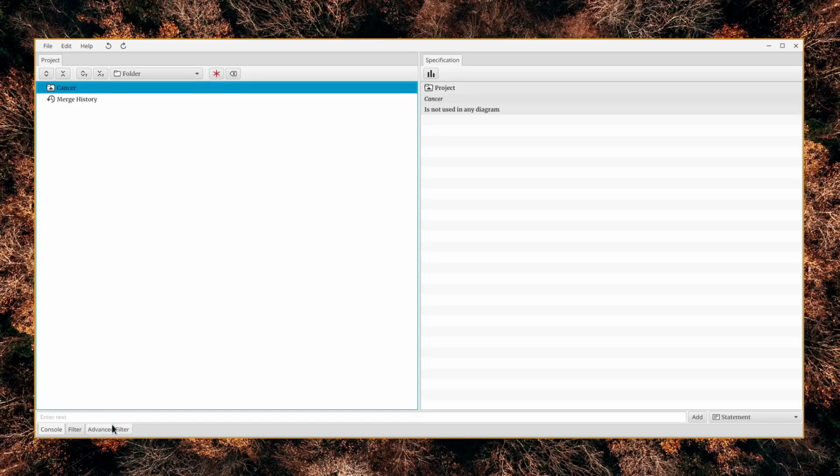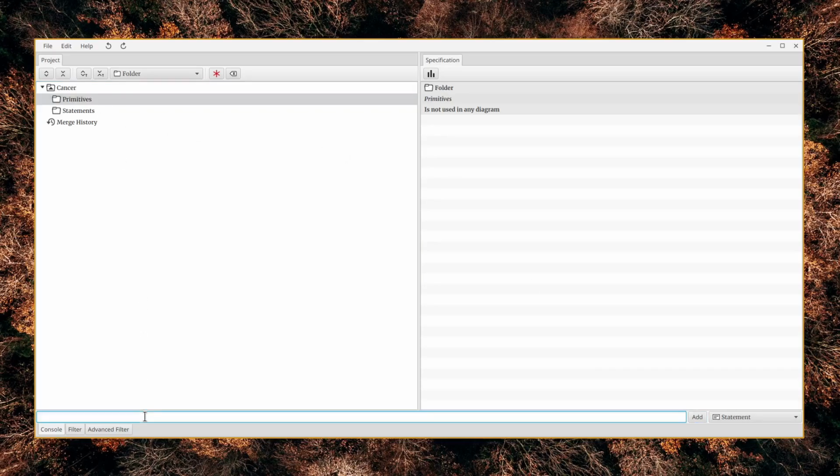To start, I will create two folders in the information tree, one for primitives and another for statements. In the primitives folder, I will add several classes.